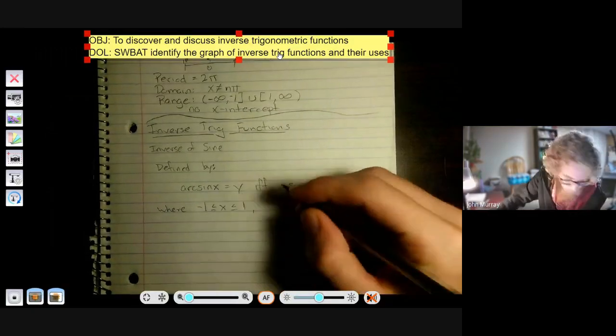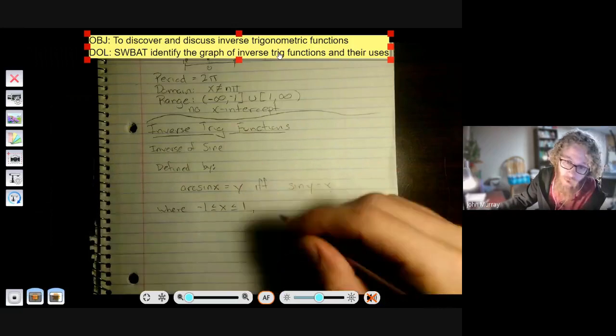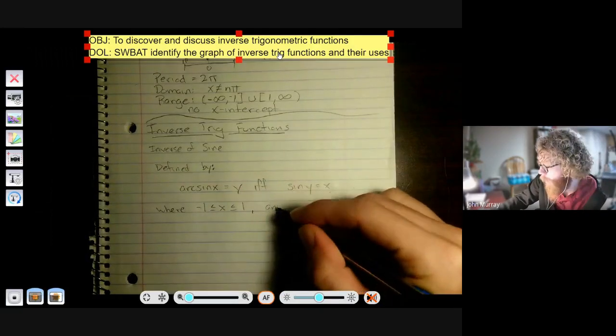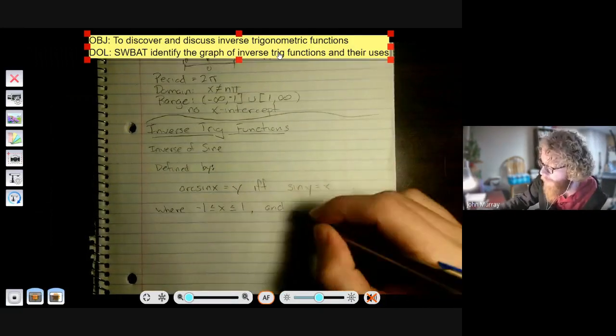Okay. We also have a restriction because of the graph on our y, which is a little different here.